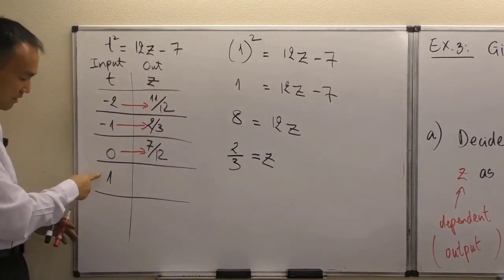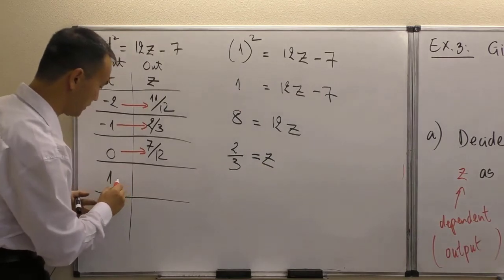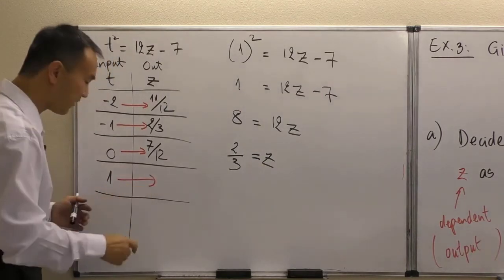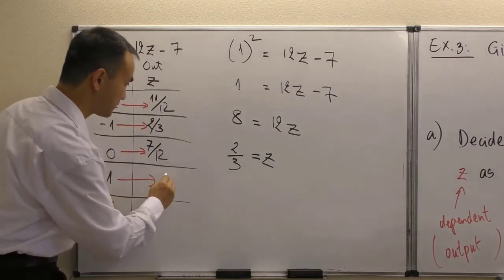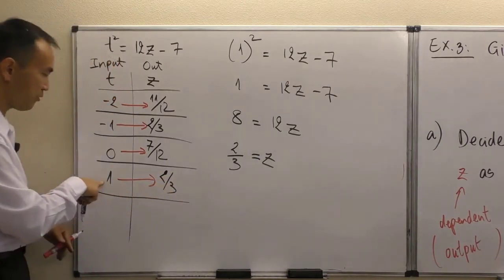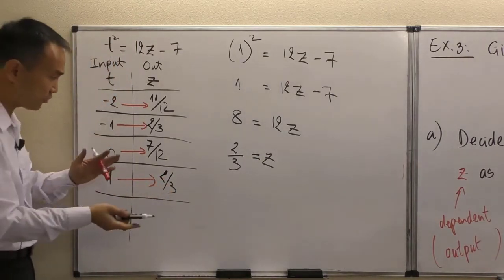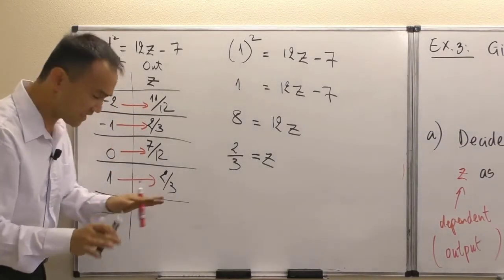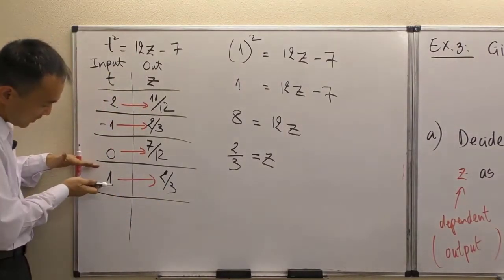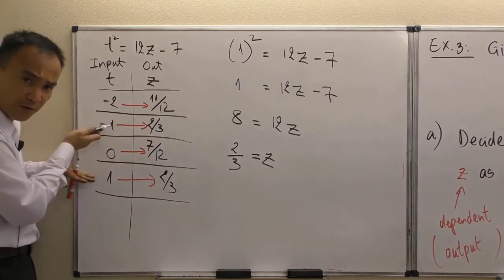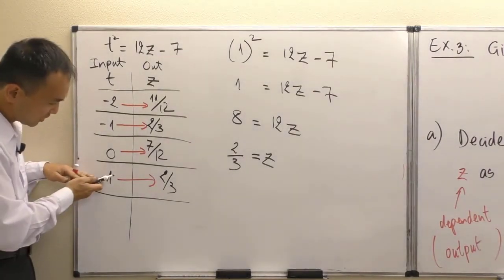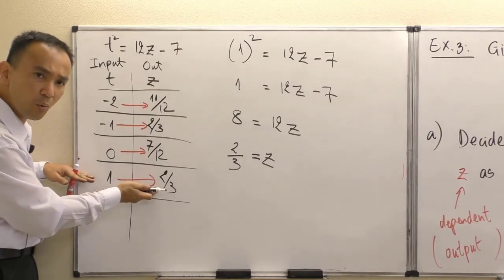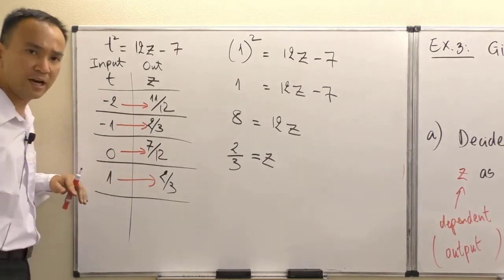So 1 comes to, and the calculation only gave us one value, 2/3. One input. Now it's a different input, so we don't have to worry even though the 2 outputs here look the same. That's not a worry because if we focus just on that input, which is different from this input already, this input goes into exactly one and only one output.